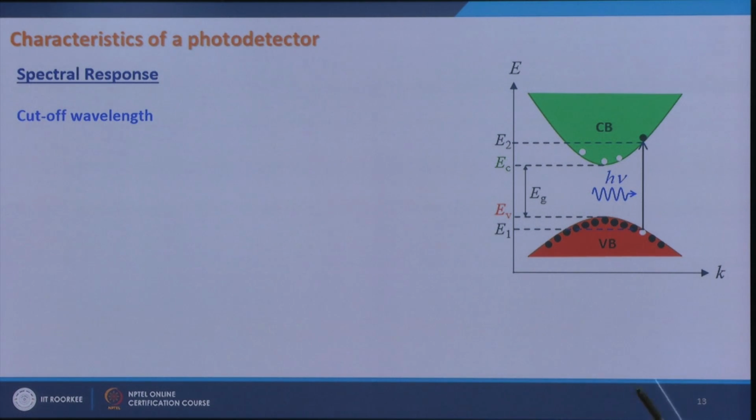So, it will have a cutoff. If the photons have smaller energy than Eg, then they will go through, they will not be absorbed and they will not contribute to photocurrent.